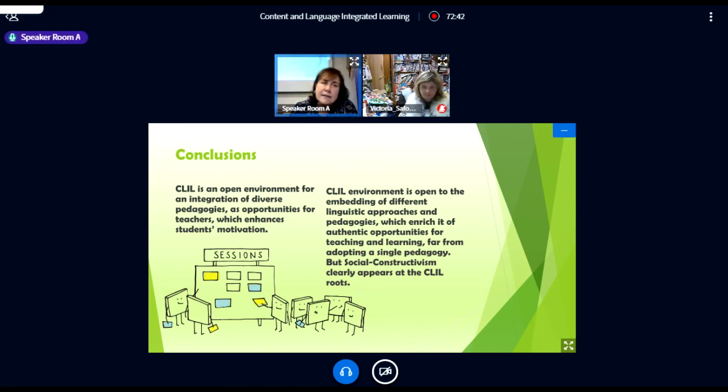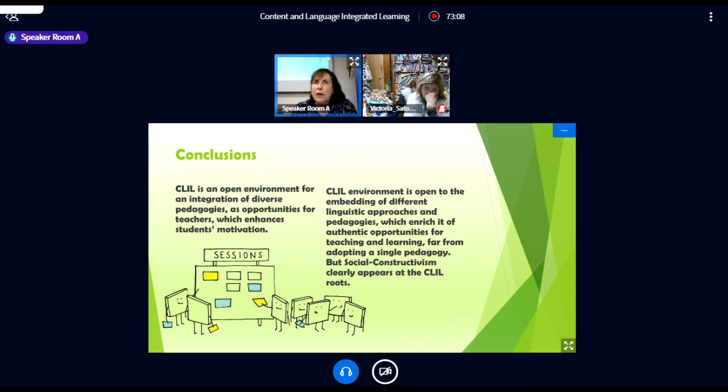The conclusions are that CLIL showed to be an open environment for an integration of diverse pedagogies as opportunities for teachers, which enhances students' motivation. And this environment is open to the embedding of different linguistic approaches and pedagogies.